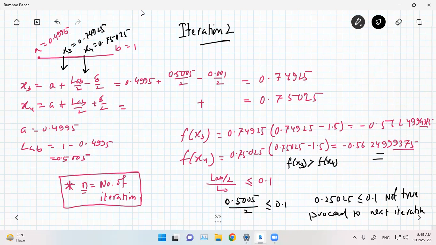So we can say that we have to discard this portion, discard a to x3, and our new interval will be x3 to b, which is 0.74925 to 1.